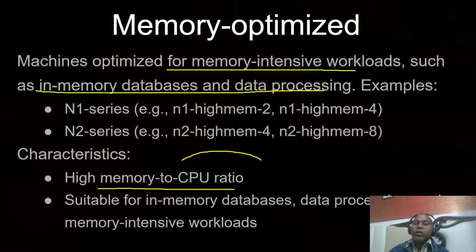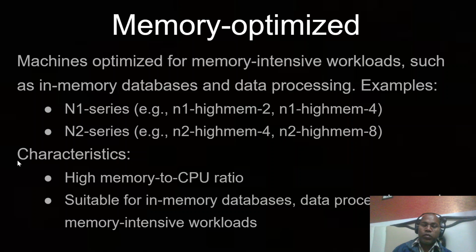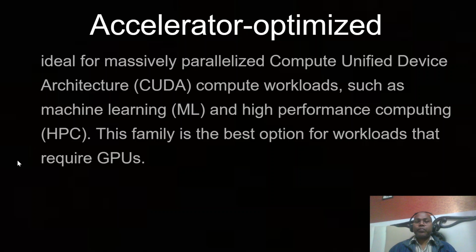This is very well suited for in-memory databases like Memorystore, Redis, and Memcache, applications that require lots of memory for data processing. For such applications, you think our machine type would be memory optimized.